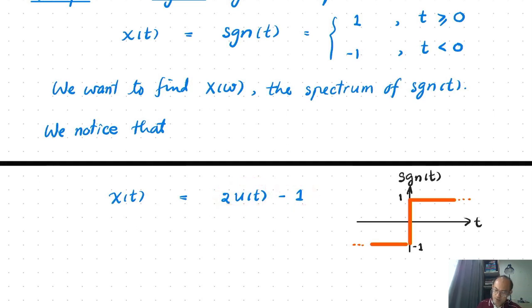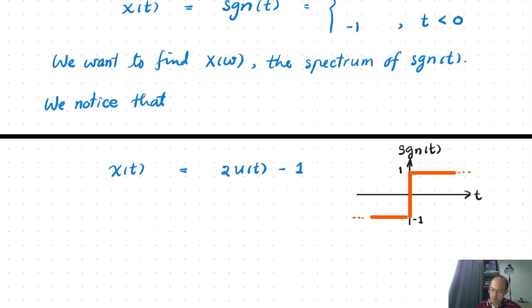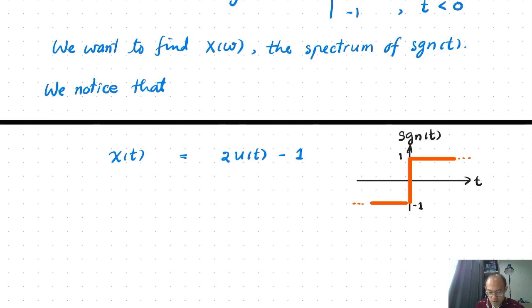And then once we notice this, we can take the time derivative of both sides. Now on the left hand side, we get dx/dt, right? On the right hand side, we get d/dt of 2u(t) minus d1/dt.